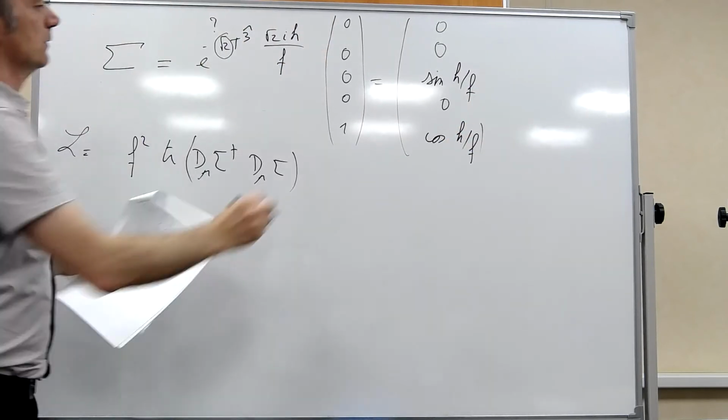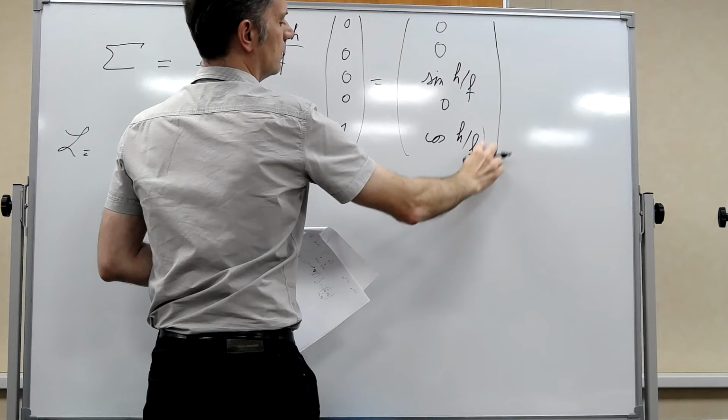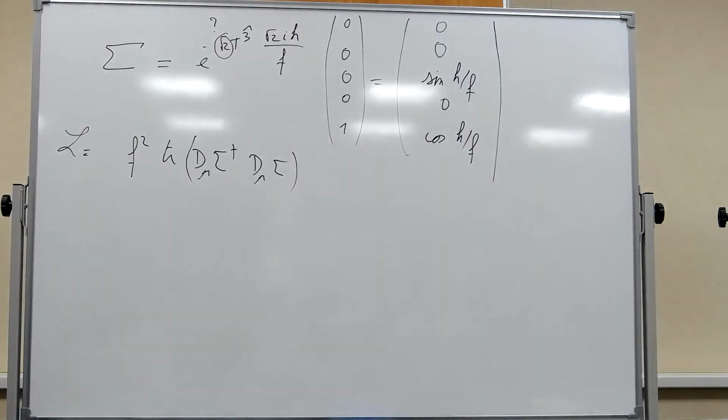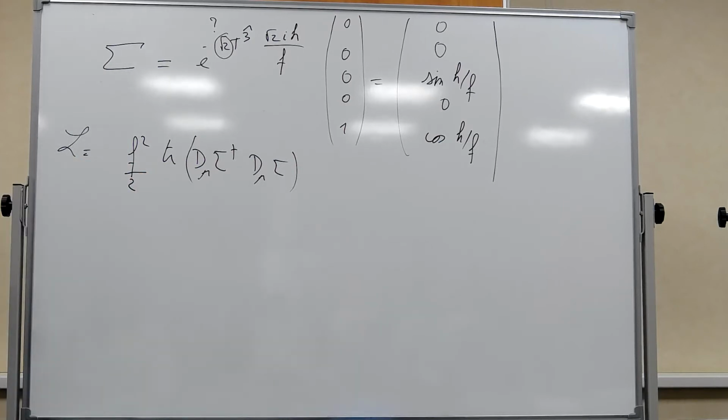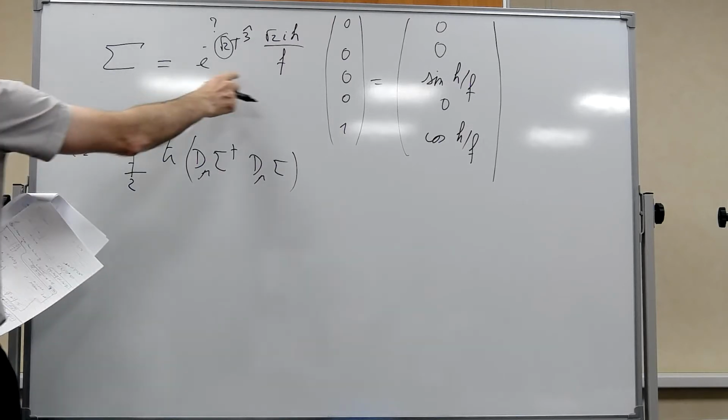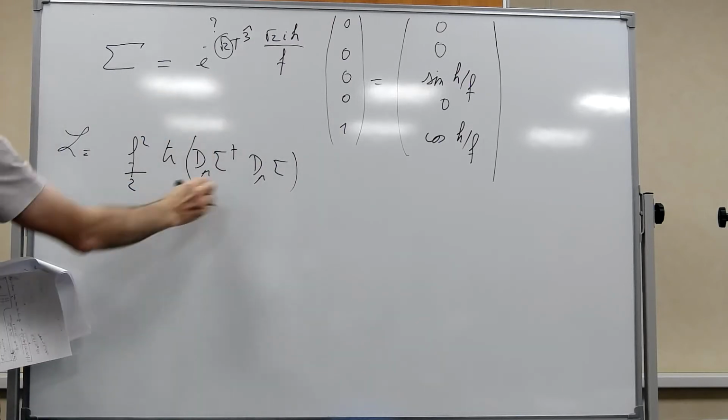So how to understand this? You see, in the derivatives you made an expansion, yes, but here you kept all terms. So how is this consistent?